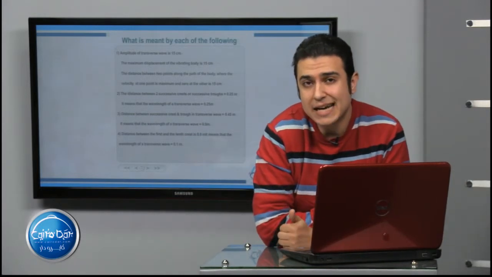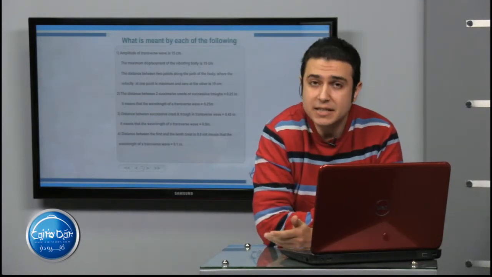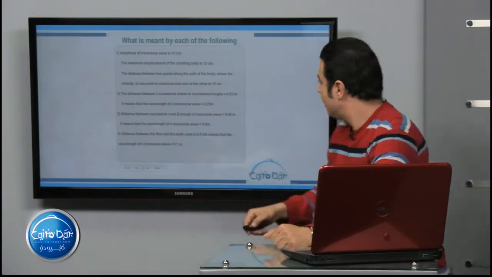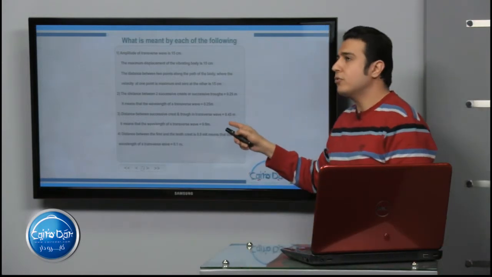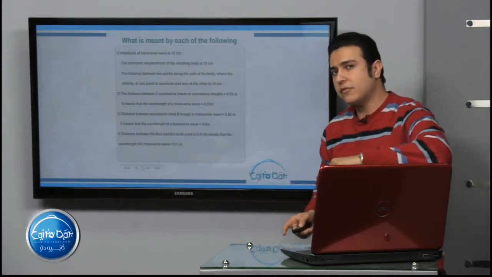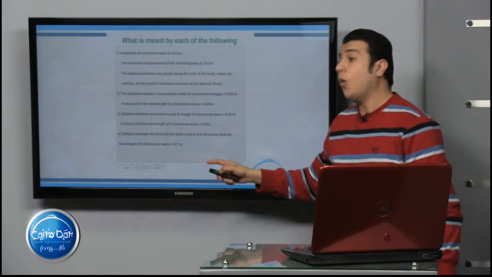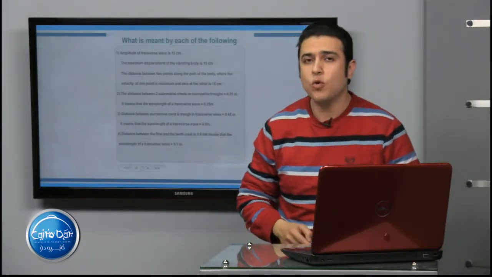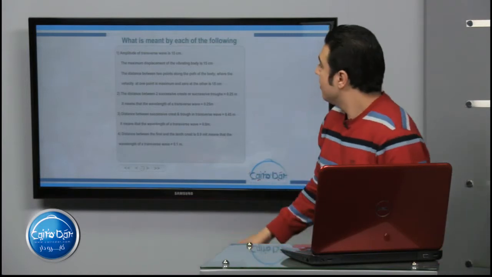Distance between a crest and the successive trough means half wavelength. So half wavelength equals 0.45 meter, so wavelength lambda equals 0.45 times 2 equals 0.9 meter.